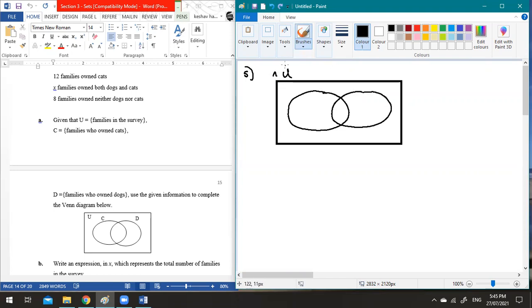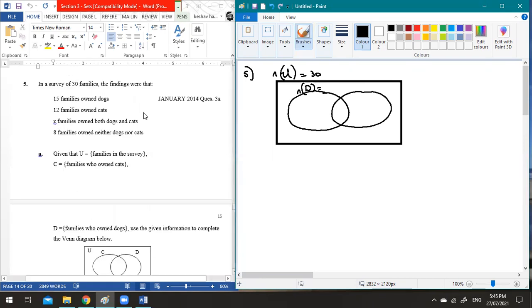The universal set, or the number of elements in the universal set, is 30. Number of elements in the family that own dogs is 15. Number of families that own cats, C for cats, is 12.